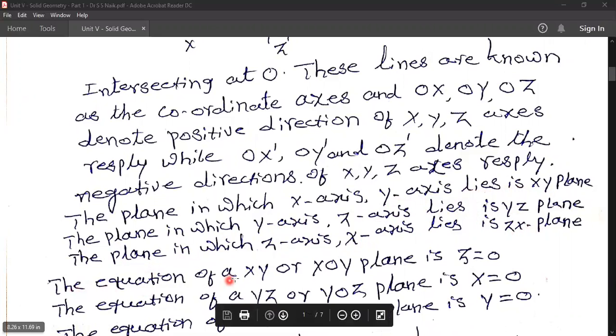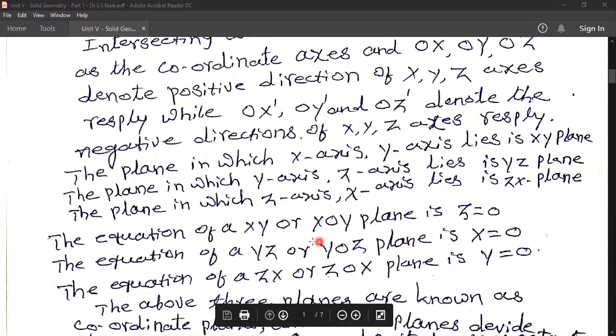Then the equation of the xy plane, or XOY plane, is z equals 0. Here z is absent, so we put z equals 0 to find the equation of the xy plane. Similarly, the equation of the yz plane is x equals 0, since x is absent.